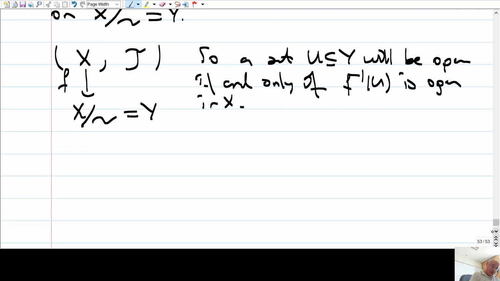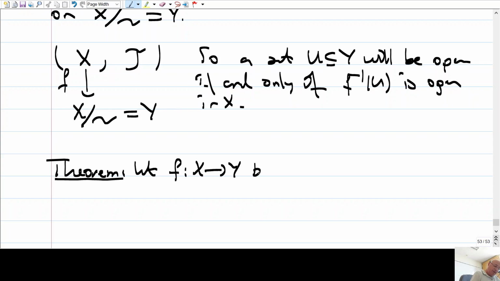And here comes the important result. Let f from X to Y be a quotient map of topological spaces.